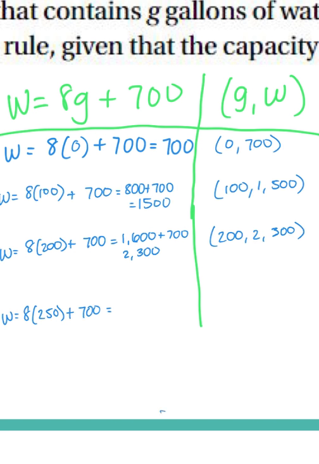So 2,000 plus 700 is going to give us 2,700. So we've got 250 and 2,700, okay?